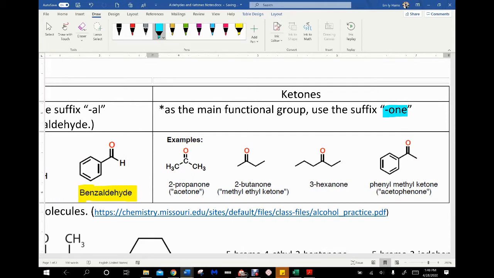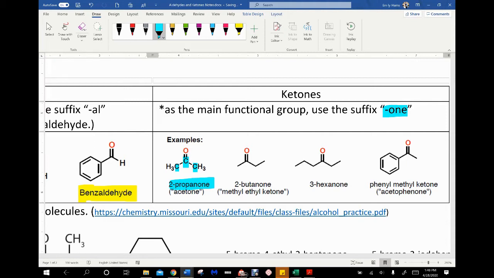We've got 2-propanone, which is actually the structure of acetone. And the reason it's prop, again, is since there are 3 carbons there. Now, what you will notice about the ketones is that they do need a number, when you can have them on more than one possible carbon location.